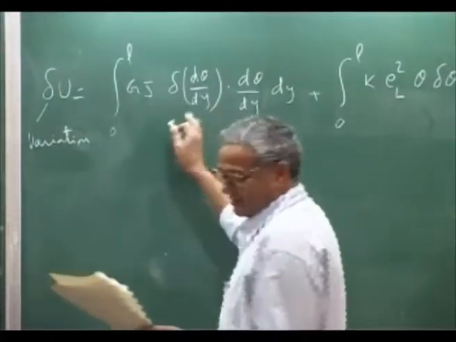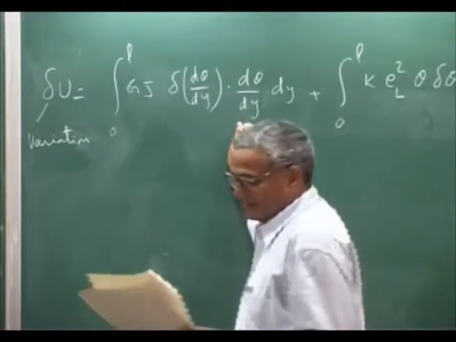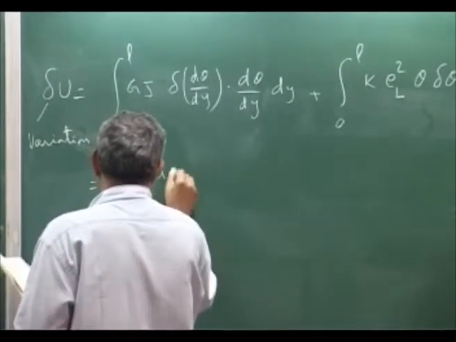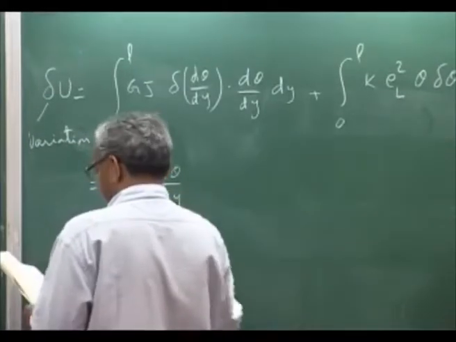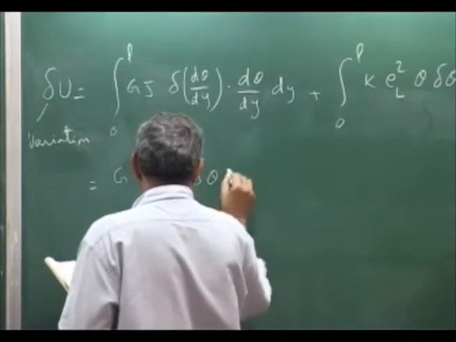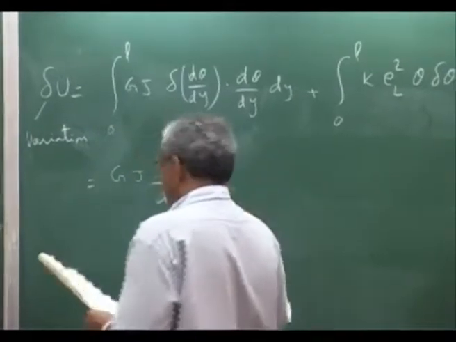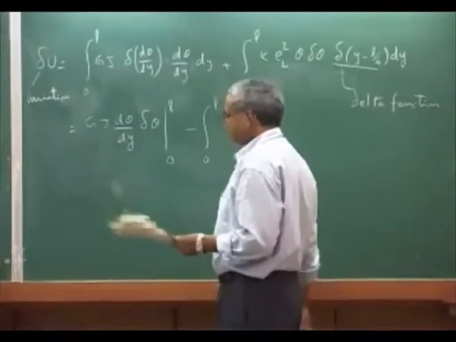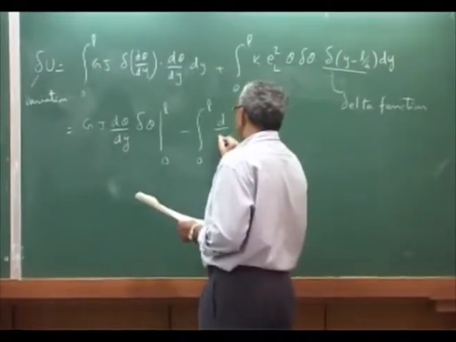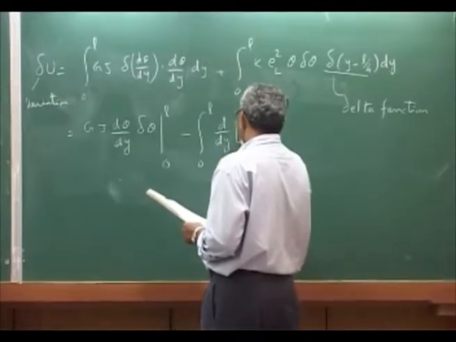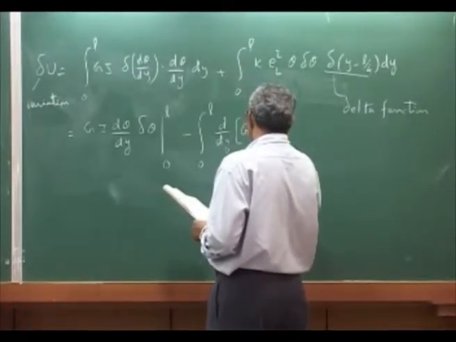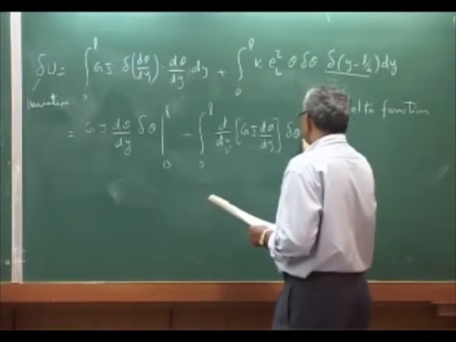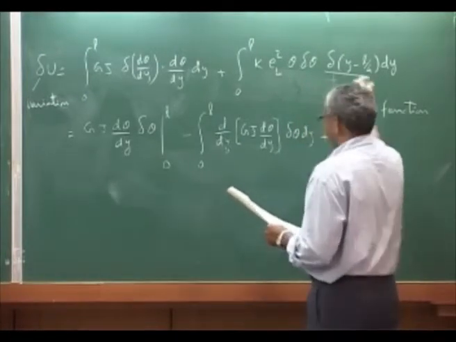Now I can integrate this by parts. If I integrate it by parts, I will get GJ d theta over dy delta theta at 0 to L, minus integral 0 to L of the derivative of GJ d theta by dy times delta theta dy, plus this term will remain as it is.